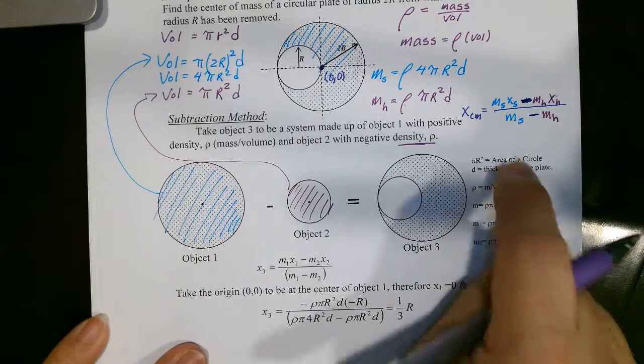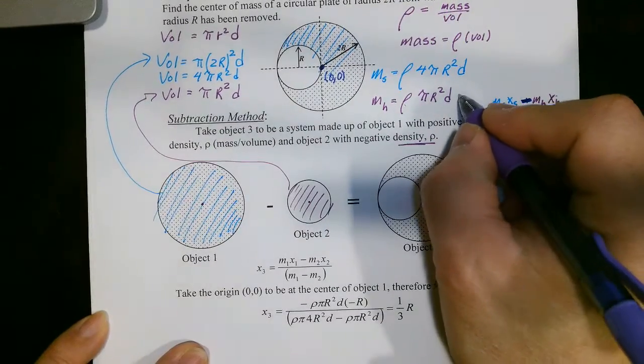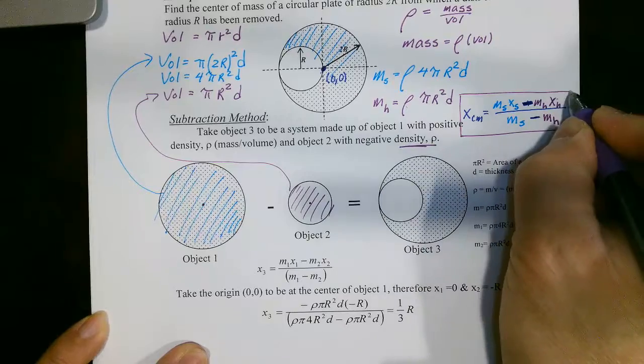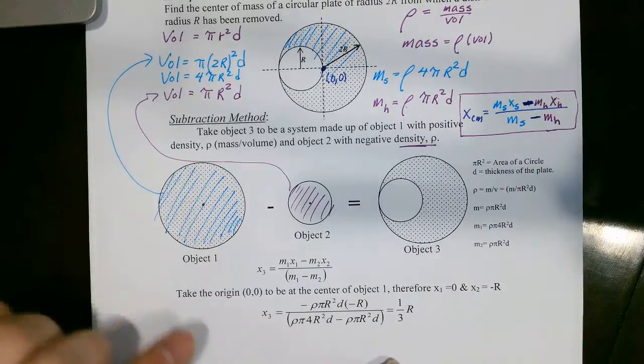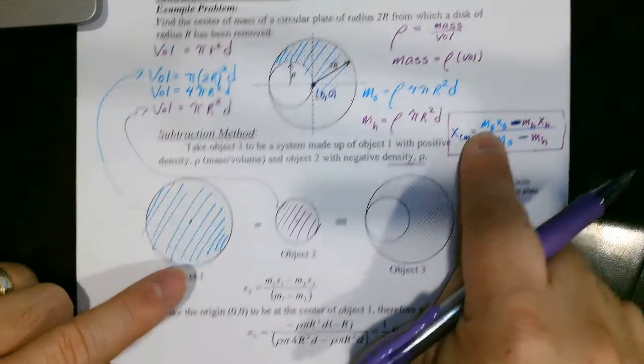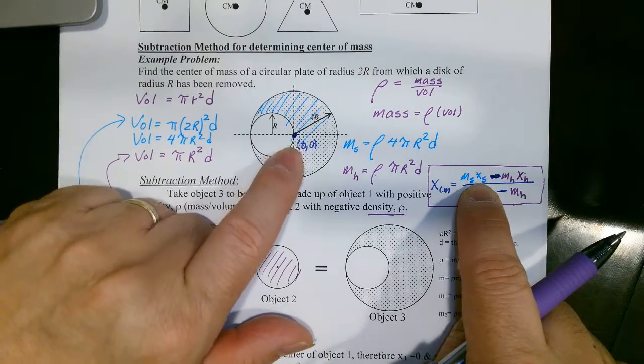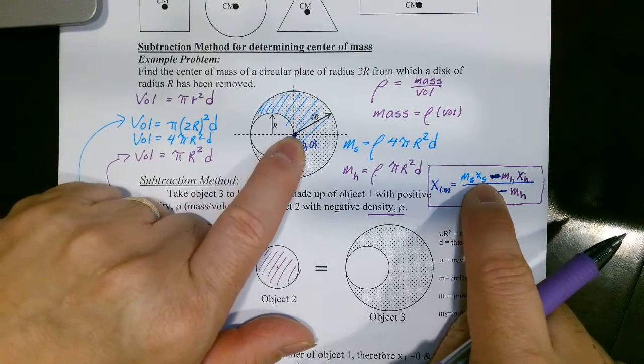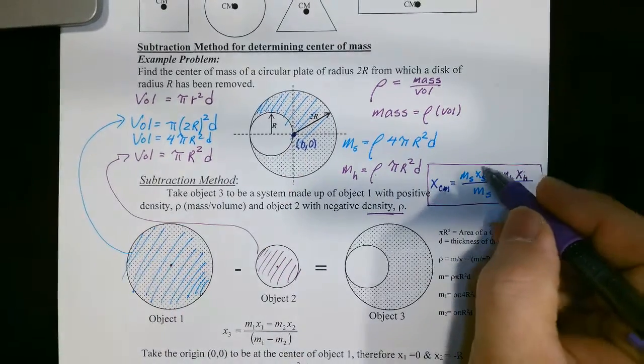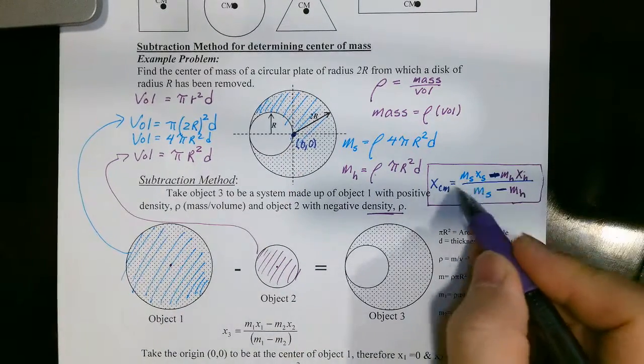So basically, this is what we get. If we plug in, what is the x of solid? X of solid is 0, so this whole term goes to 0 right here.